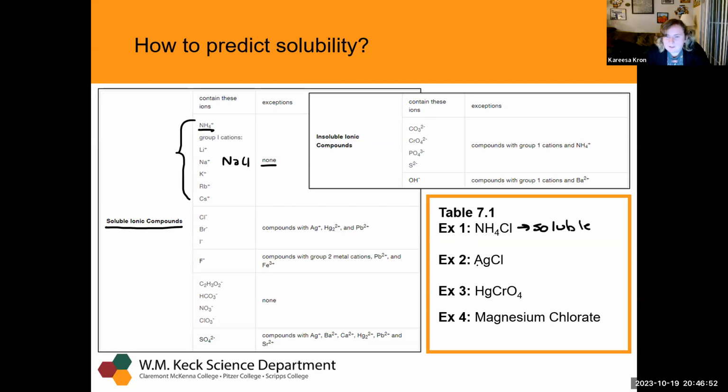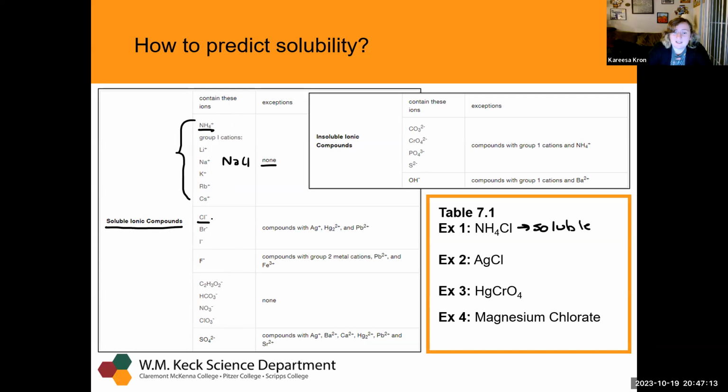And so now if I'm looking instead at something like silver chloride, I would first see if it's in my soluble ionic compounds. So I don't see silver anywhere in this first row, but I do see chloride.